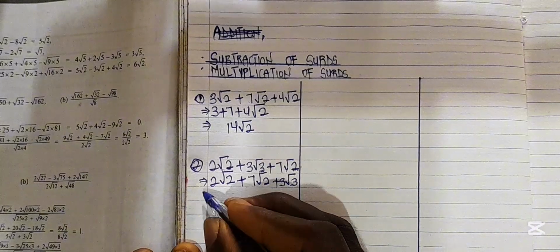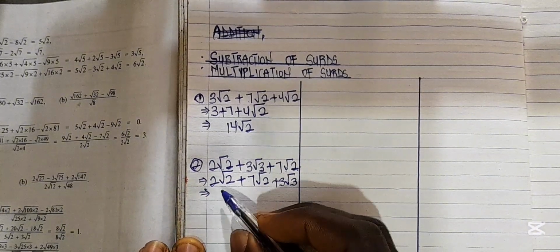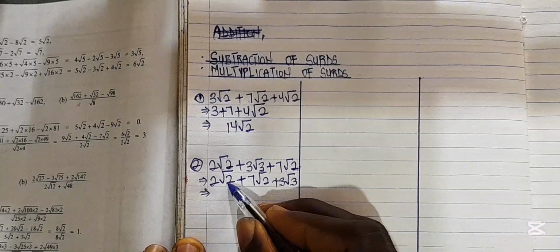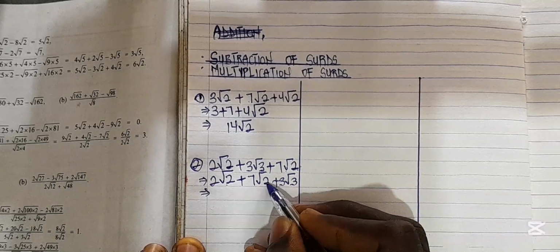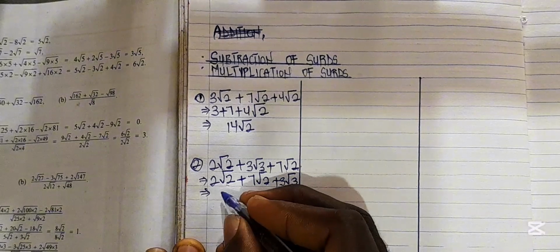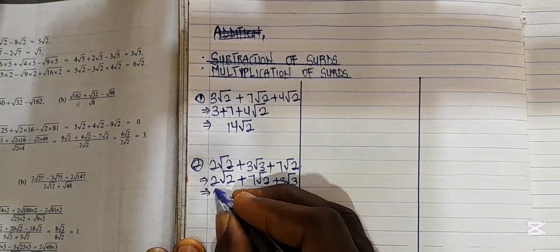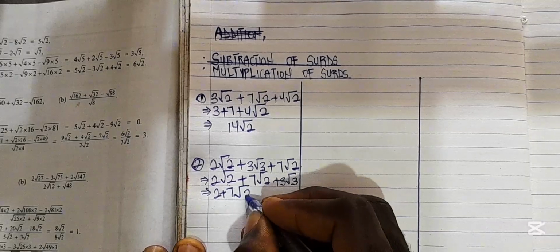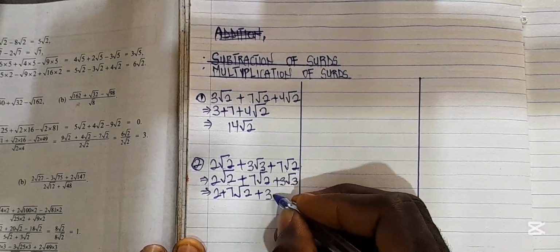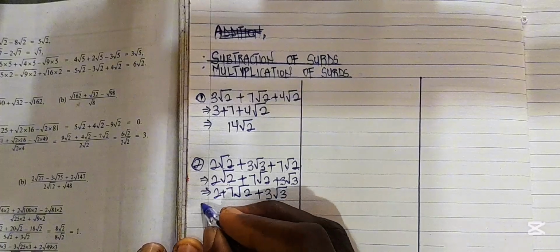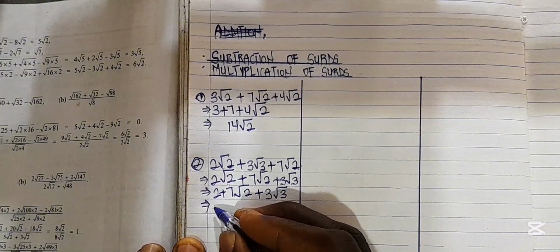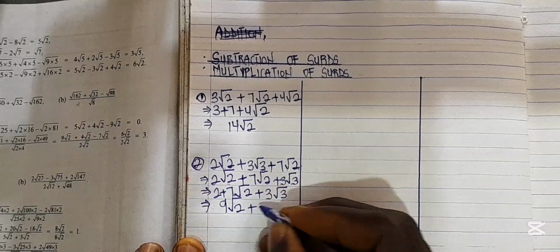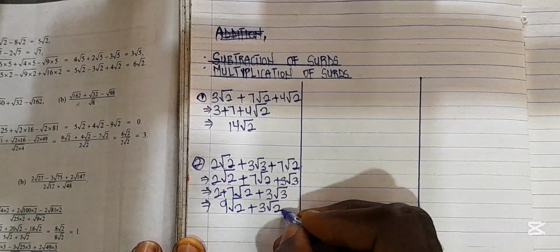So moving on, we can only add 2 root 2 and 7 root 2 since they have the same number inside the root sign, which is 2. So we have 2 plus 7, remember the first step, root 2 plus 3 root 3. Our next step is 9 root 2 plus 3 root 3.